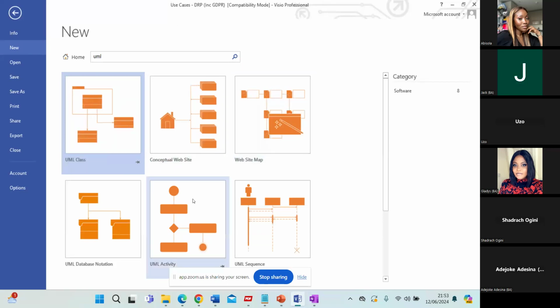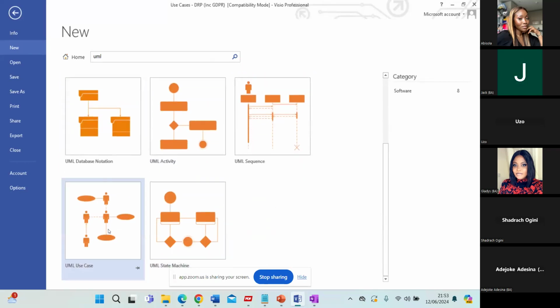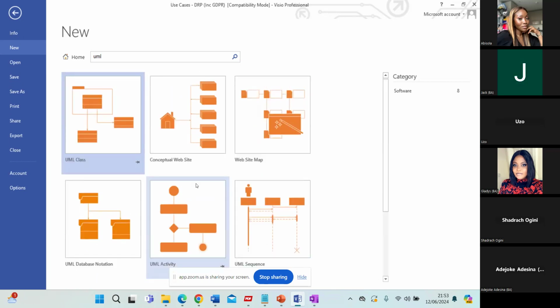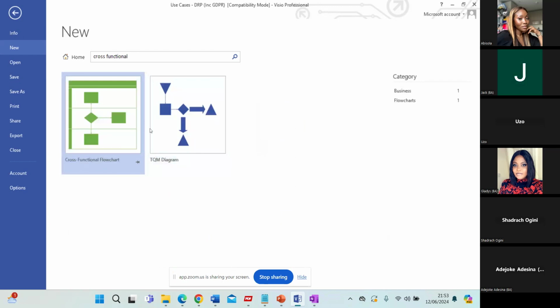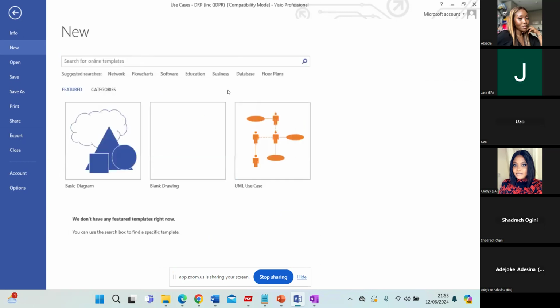I can just search for UML template, and there are loads and loads of UML templates available. If I want cross-functional, I can request it here, and it shows me the different cross-functional templates it has, and so on and so forth.